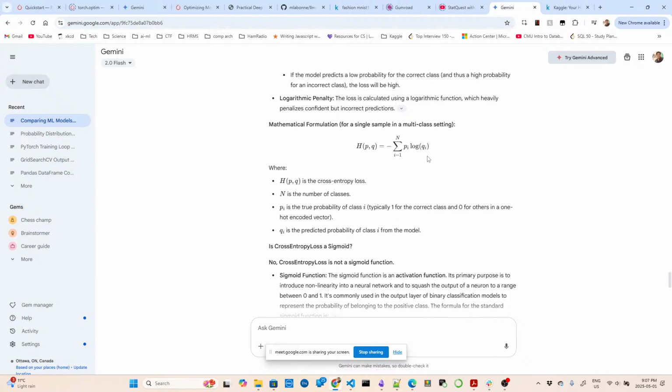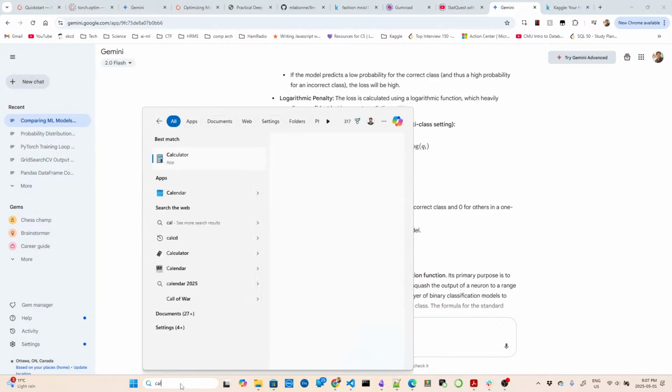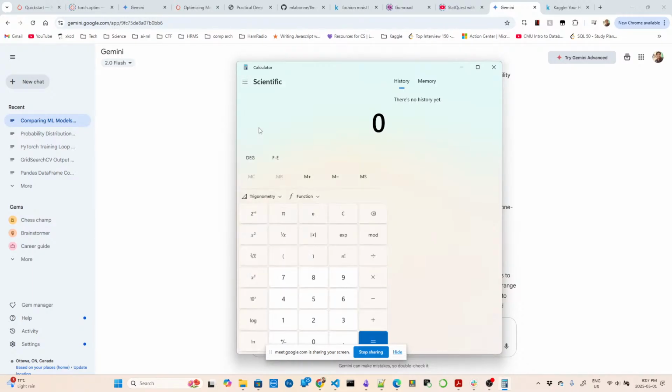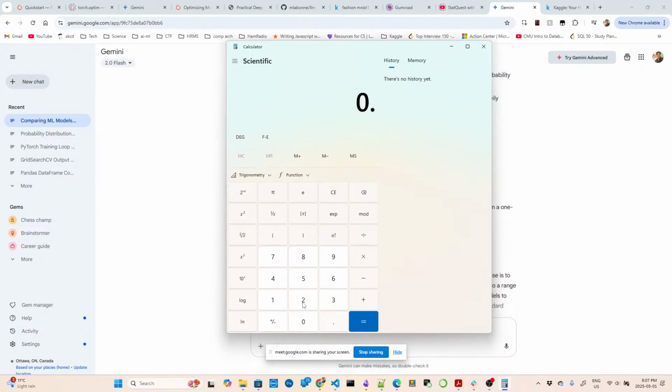Log of Q2 will be 1, but उसका कोई मतलब नहीं. So log of Q7, which should be closer to 1, but it is actually low. So your P7 times log of Q7 will be a high number, which will give you a negative cost for this, a highly negative cost for this.